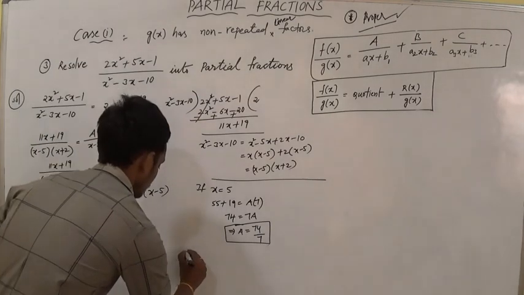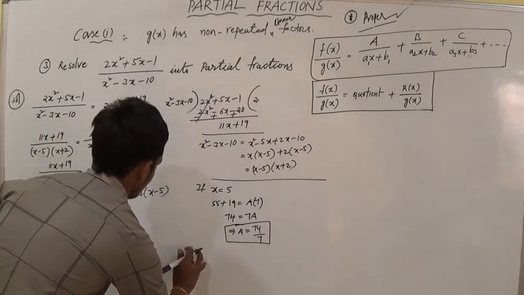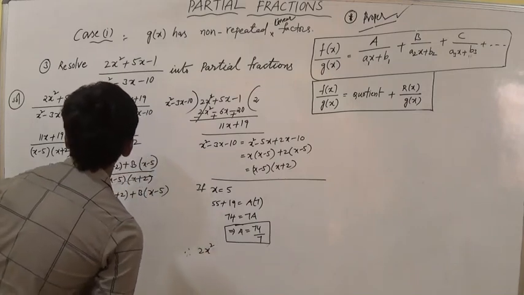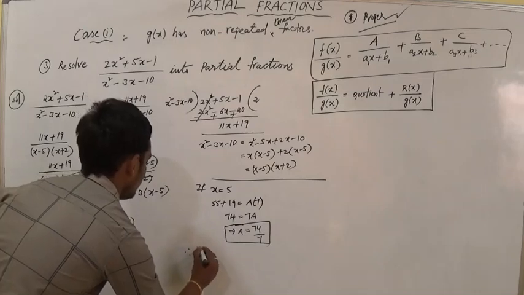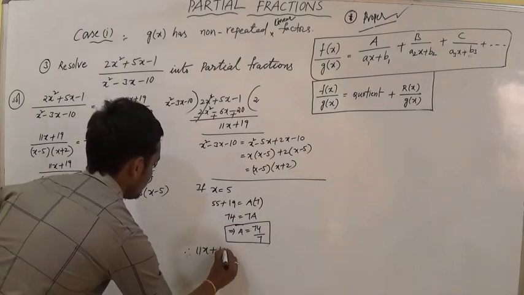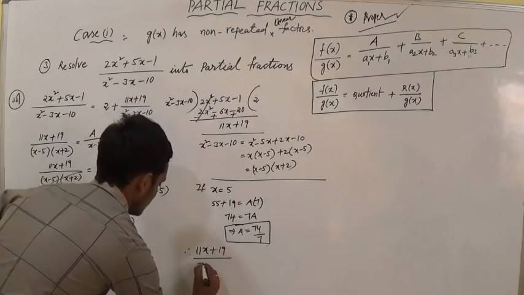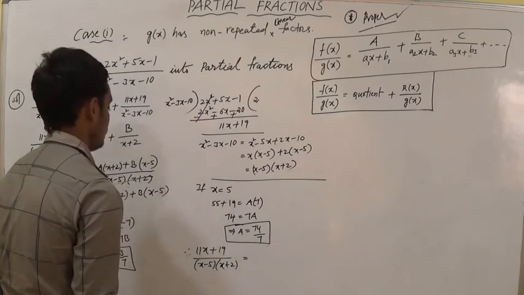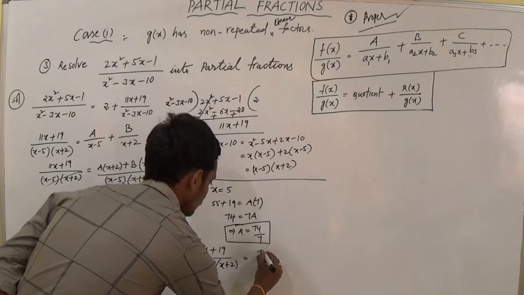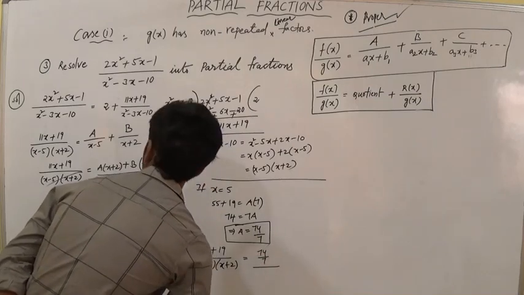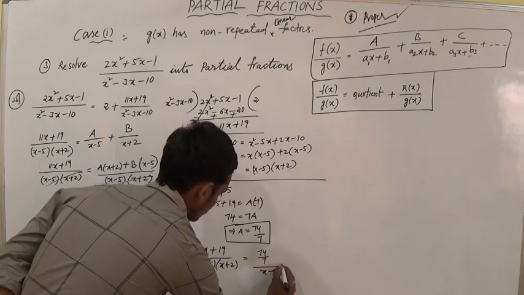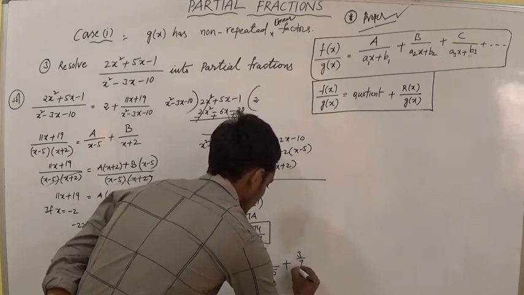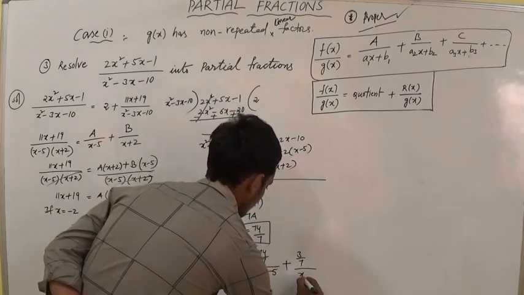Conclusion. Therefore, our problem, 11x plus 19 by x minus 5 into x plus 2, is equal to A, which is 74 by 7, by the denominator x minus 5, plus 3 by 7 by the denominator x plus 2.